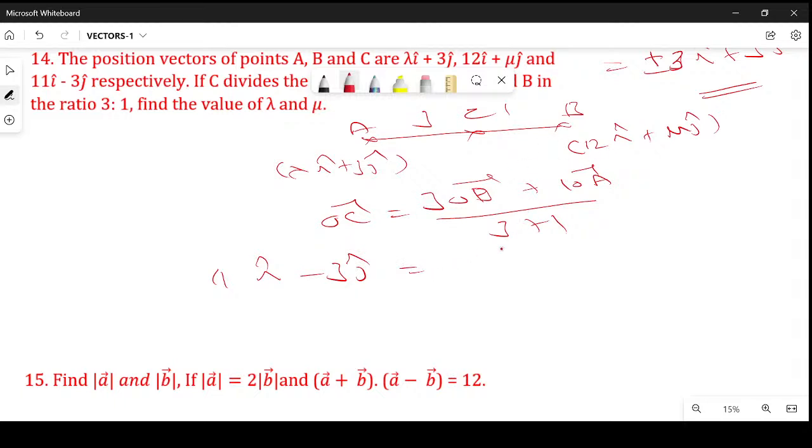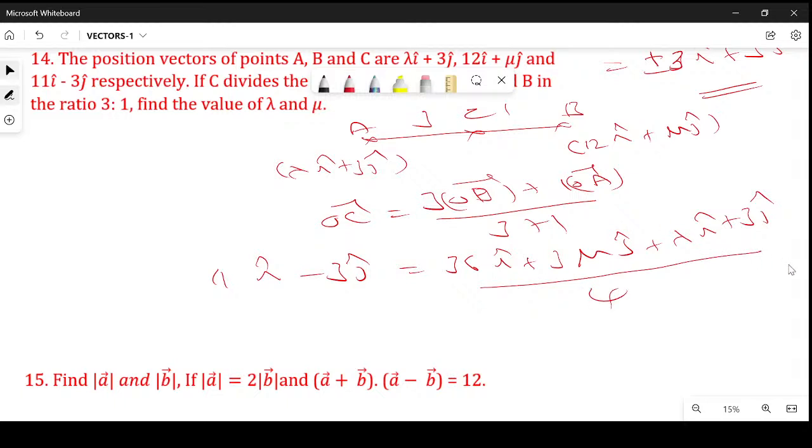You multiply 3 into this, you will get 36 i cap plus 3 mu j cap, plus 1 into OA bar, so plus lambda i cap plus 3j cap, all by 4.